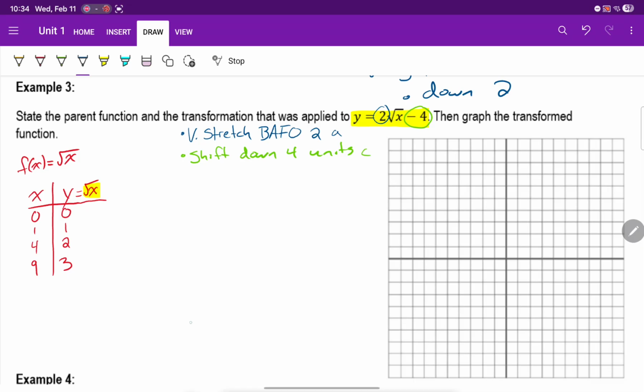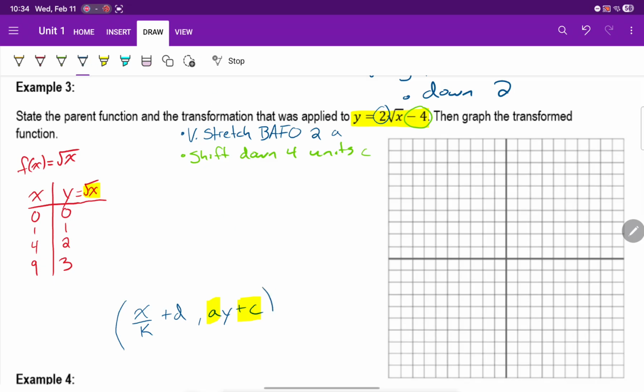So applying this to mapping notation, I'm just going to do mapping notation down here because that's where I have some space. Our mapping notation is x over k plus d, and ay plus c. Now the only values that we have in our function are a and c. Our a being the 2, our c being the negative 4.